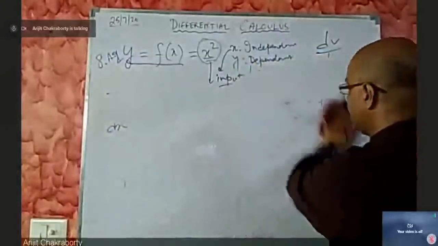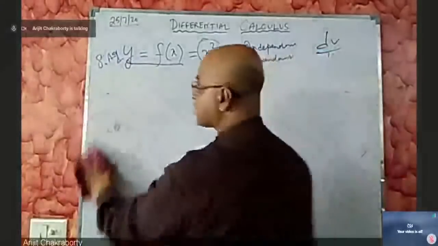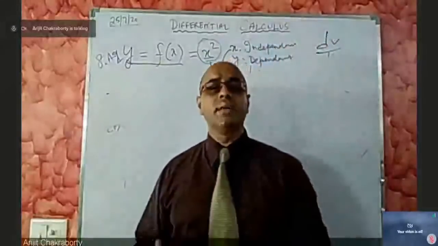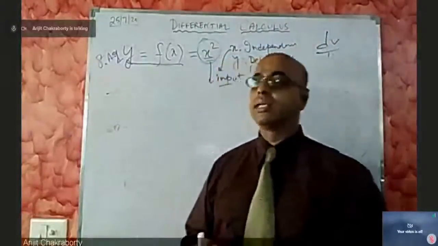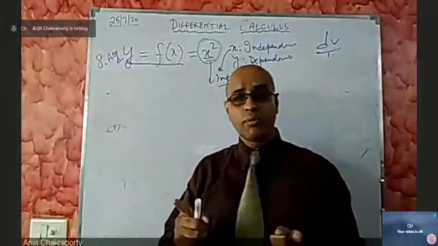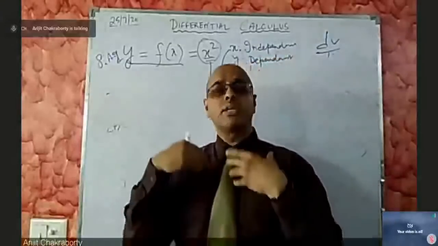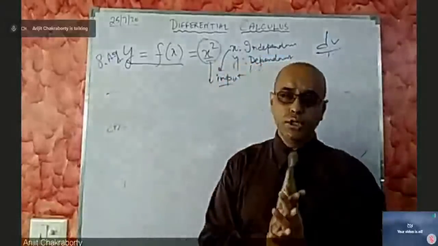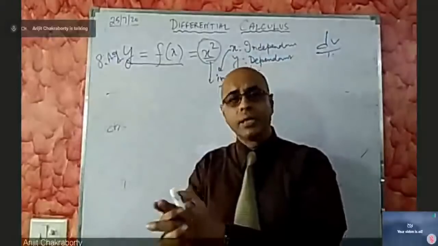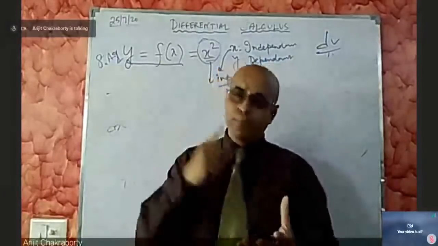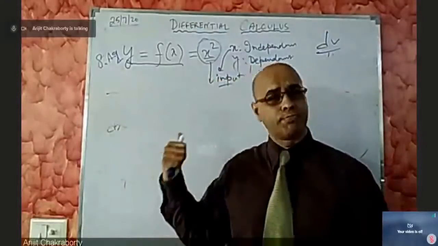We will now look at the rules of differentiation. So we have discussed part 8a1 and 8a2. We have seen that the derivative of a function is the differential coefficient, number one. Number two, we have also seen that it measures the rate of change in y due to a change in x, where x is the independent variable and y is the dependent variable.